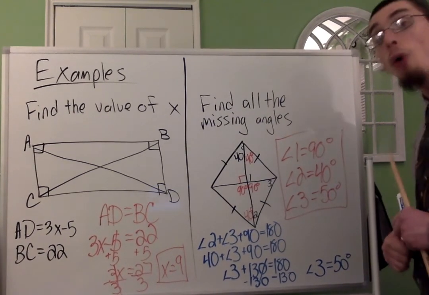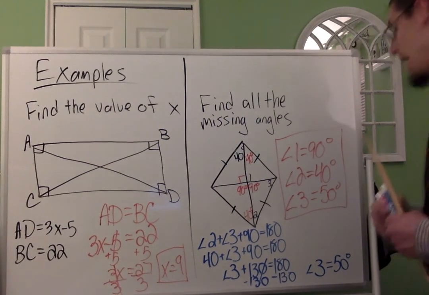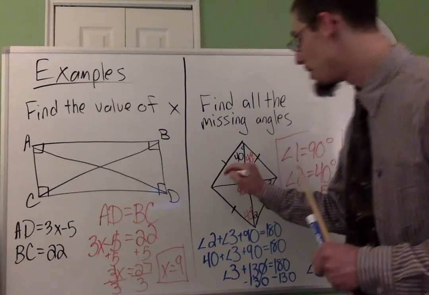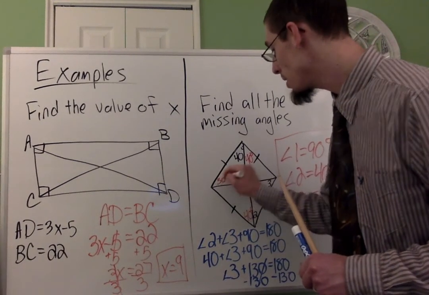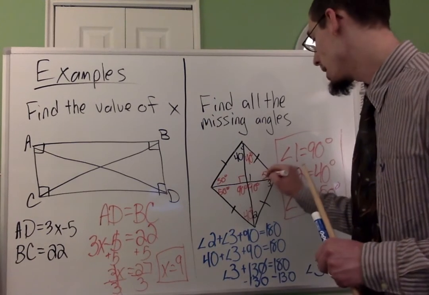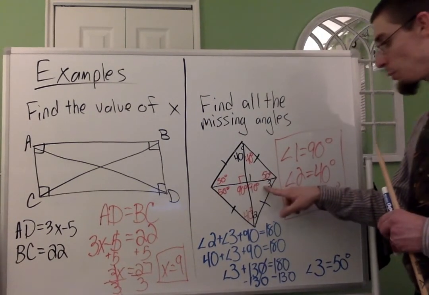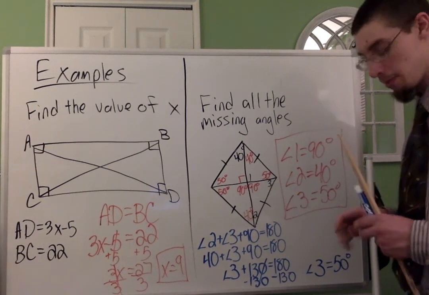So there's all 3 of the missing angles. Again, that would mean that this angle is 50, and this angle is 50, and this angle is 50. This would be 50, this would be 40.